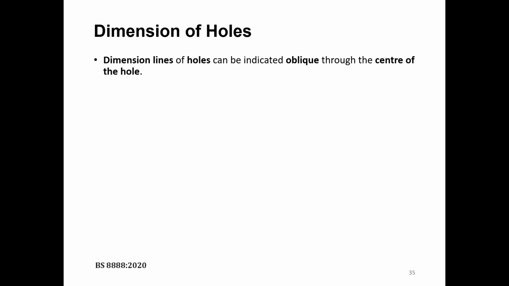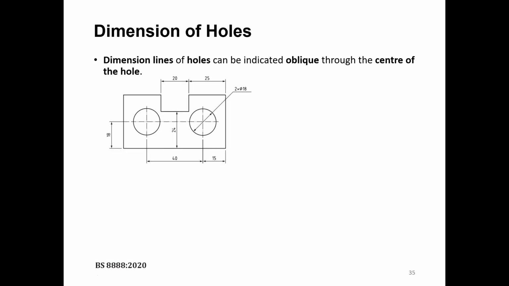What if we have holes? See here, the dimension line of a hole, for example for this one, is oblique, so it goes through the center of the hole, and we have this kind of leader line and a reference line where we say 2 times phi 18, which means that we have 2 circles.